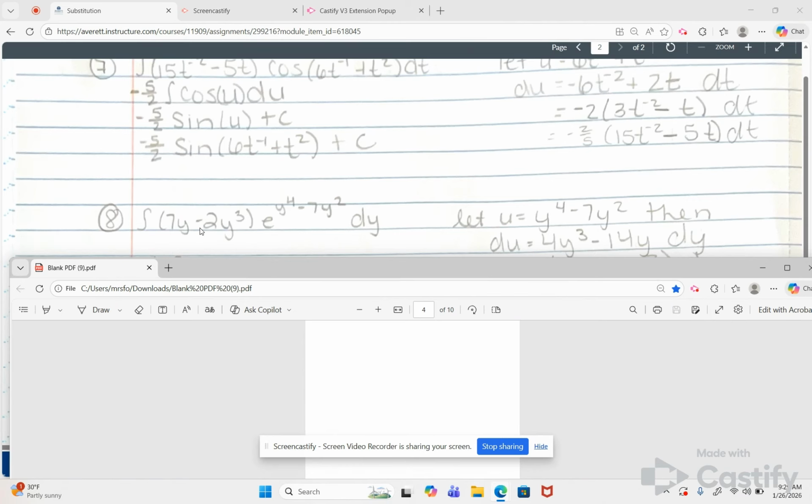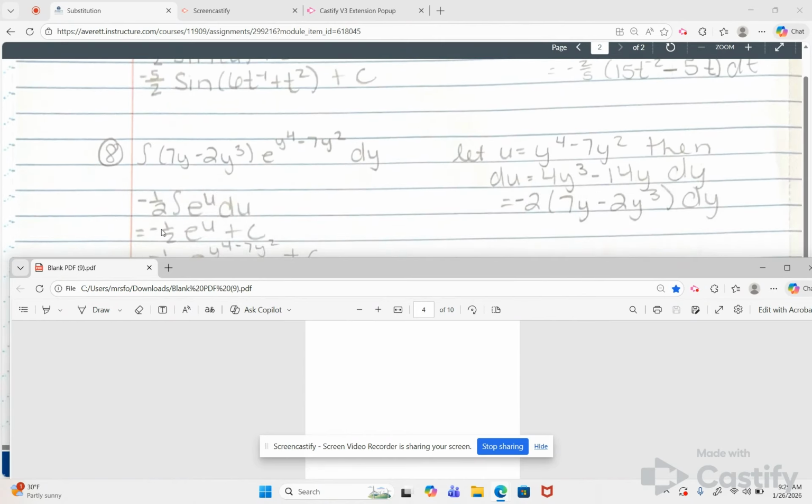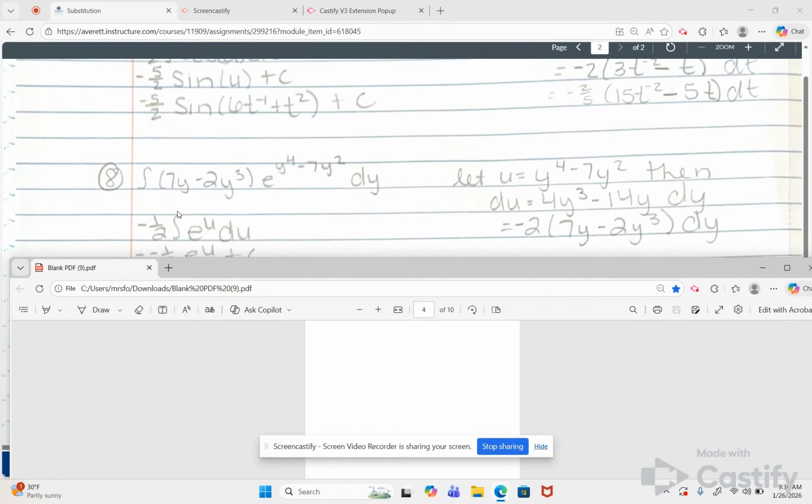Now I ask myself, what would I do to this du to end up here? And you might be like, oh, you just divide out a negative 2. But that's the same as multiplying by negative 1/2. So we pull out the negative 1/2.